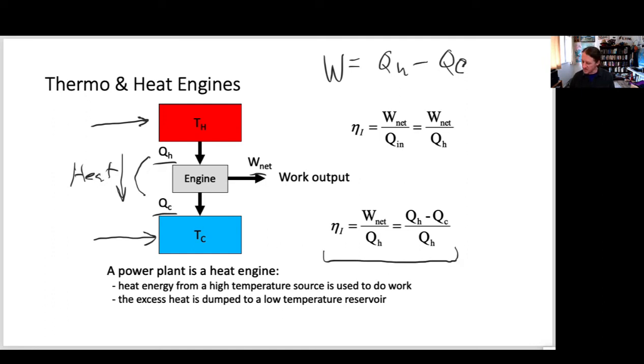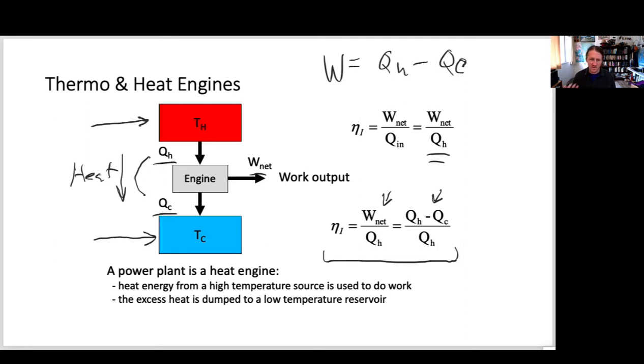We know that efficiency of the engine is the work divided by the heat that we put in. The heat that we put in, in this case, is the hot side heat, QH. We can also reframe the net work of the system as QH minus QC because of the first law.